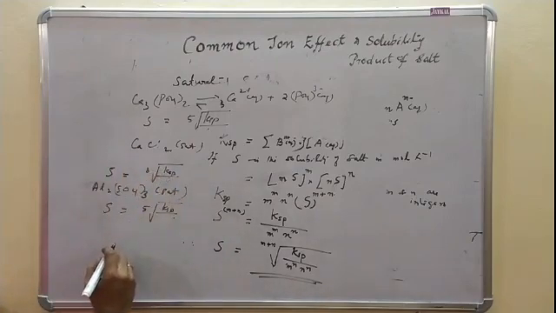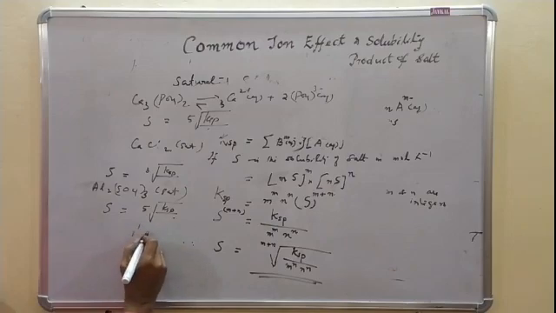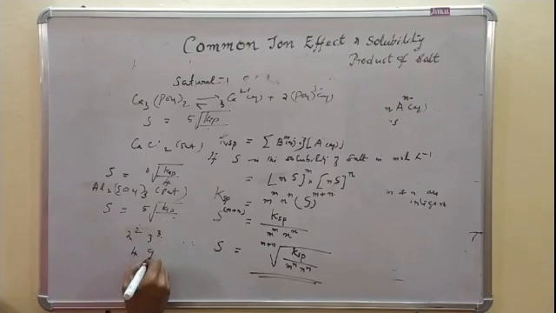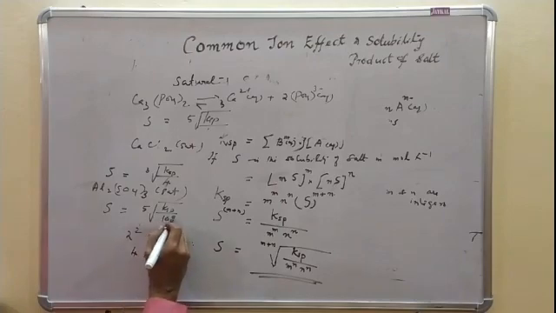For calcium chloride, that is 1 raised to 1 into 2 raised to 2, which is 4. Here it becomes 2 raised to 2 into 3 raised to 3, that is 4 into 27, which is 108.